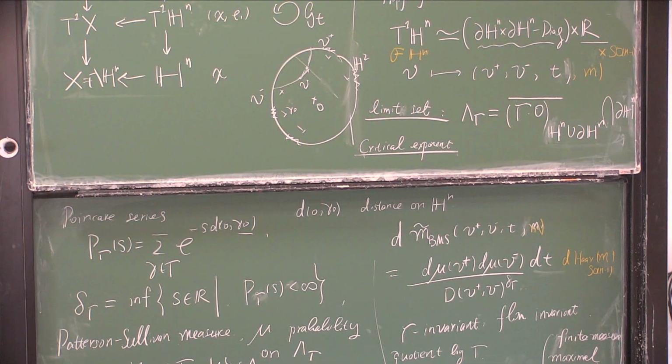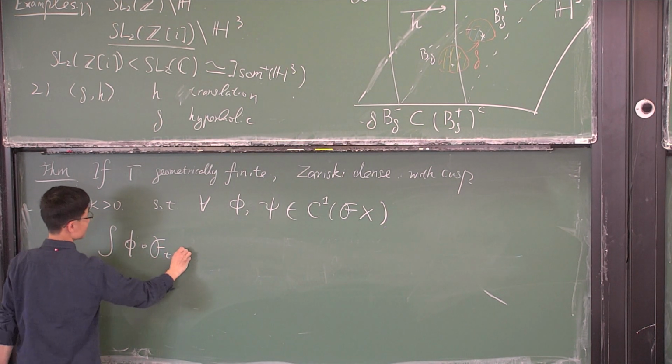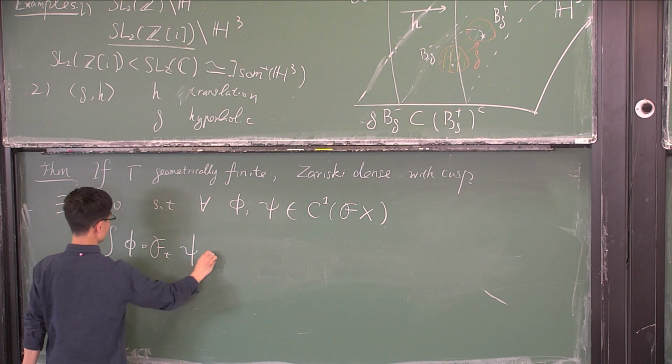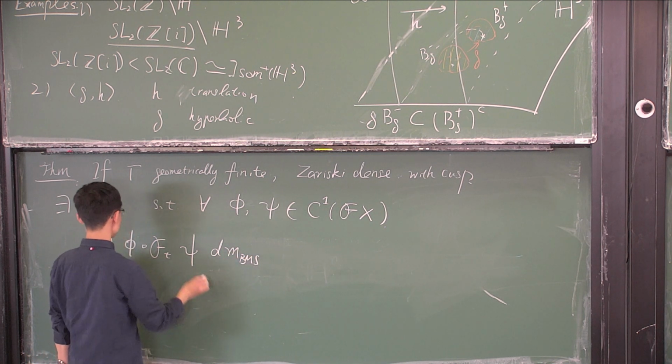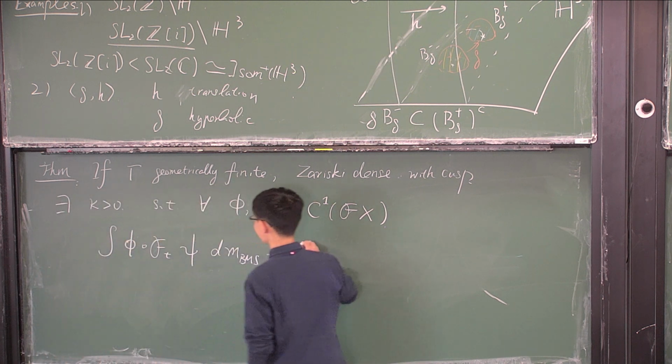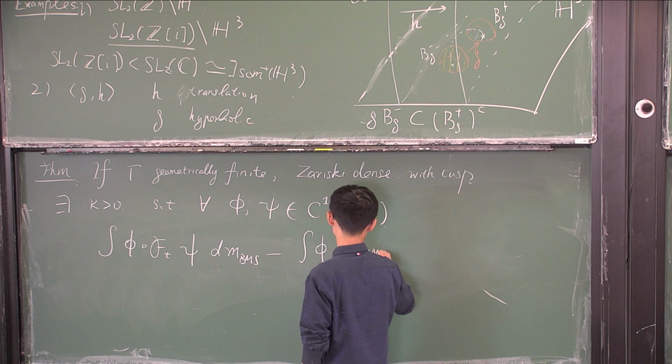The correlation decays exponentially, for the Bowen-Margulis-Sullivan measure.